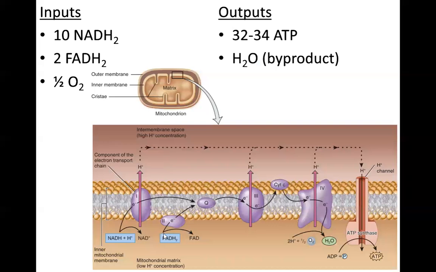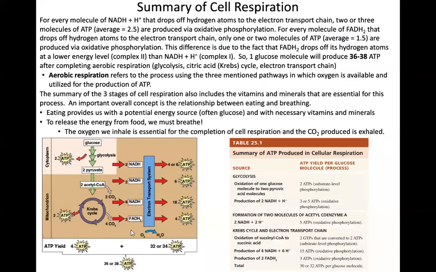So that's why we don't get as much ATP from the FADH2s as from the NADH plus H pluses. So that's what this states: this difference is due to the fact that FADH2 drops off its hydrogen atoms at a lower energy level, complex 2, than NADH plus H plus, which is complex 1.